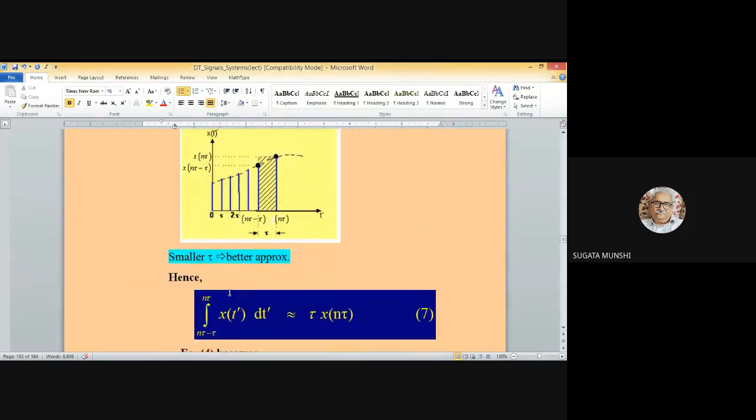So this is the case. This axis is t prime, that axis is x(t prime).